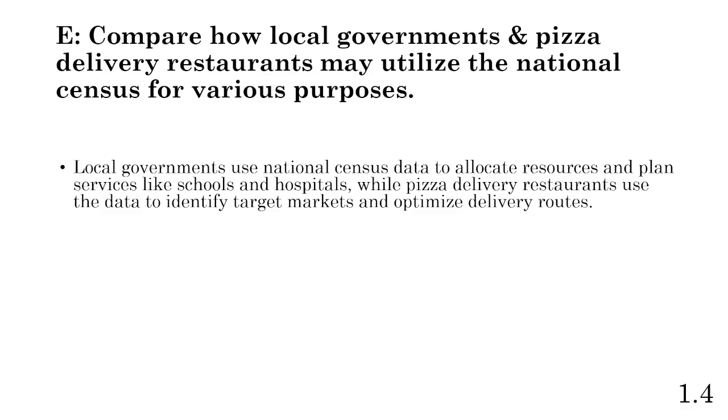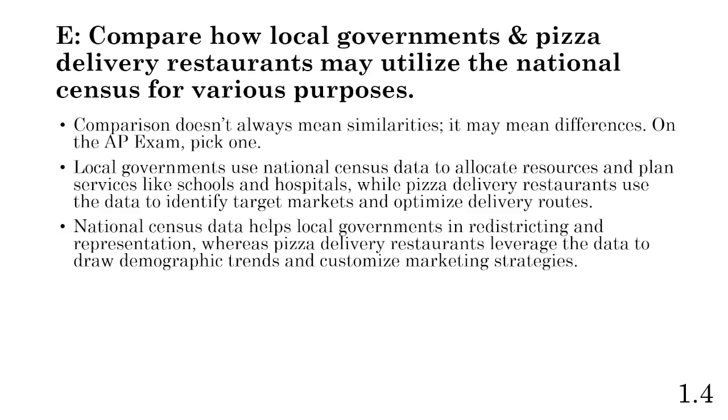So yeah, schools and delivery routes are very different, but it's still a comparison. It shows that they're going to use the census differently, all right? Now, you don't have to say plan services like schools and hospitals. You could have just said schools. You'd have to say identify target markets and optimize delivery routes. You could have just said one or the other.